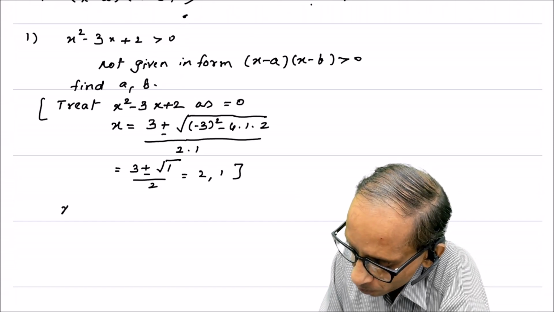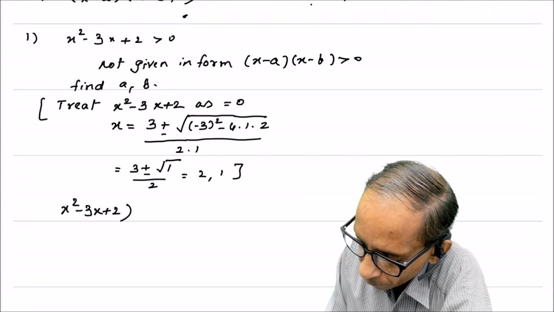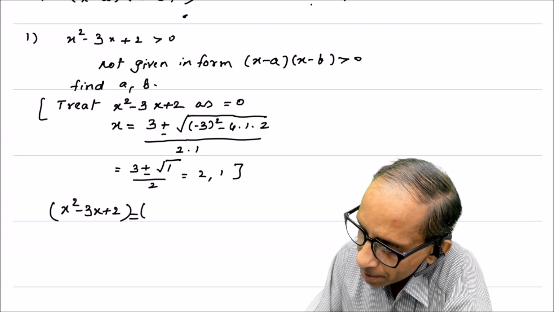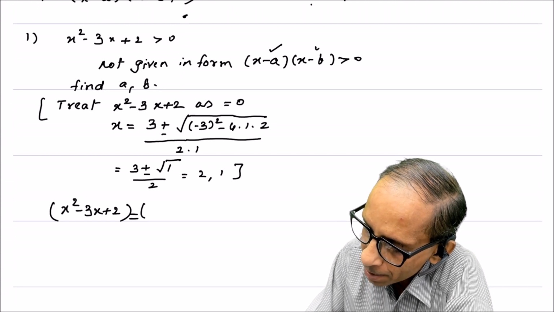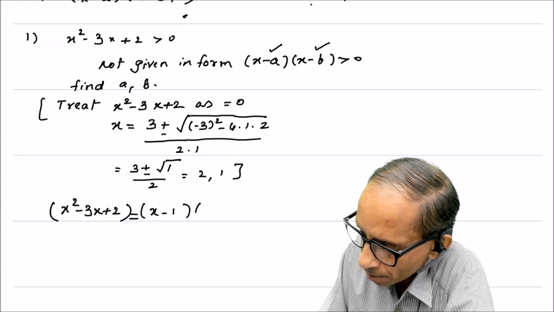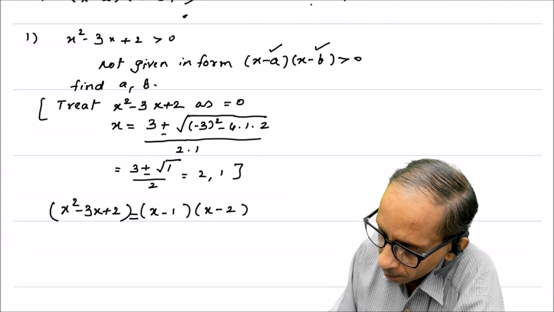So x square minus 3x plus 2, it will be actually x minus smaller number, x minus larger number. And as we have seen earlier, a and b will be the roots. We can write it in this particular form.